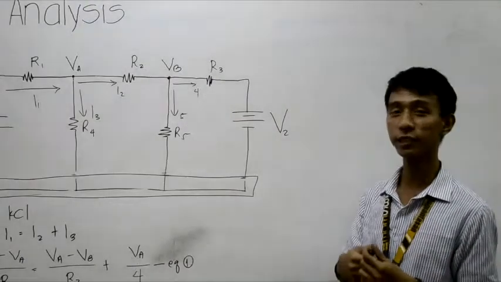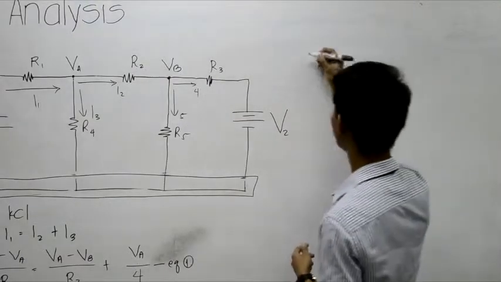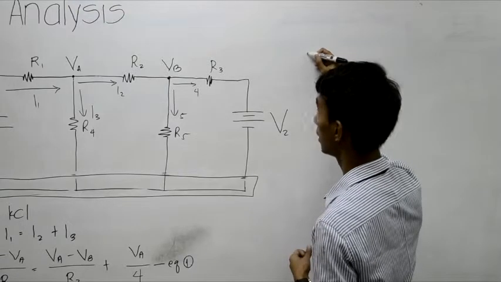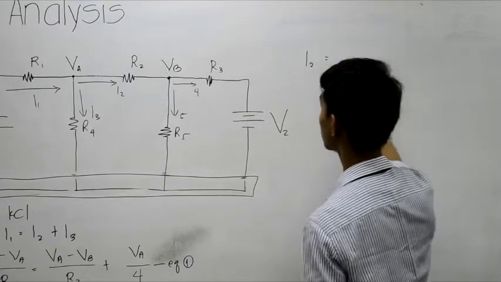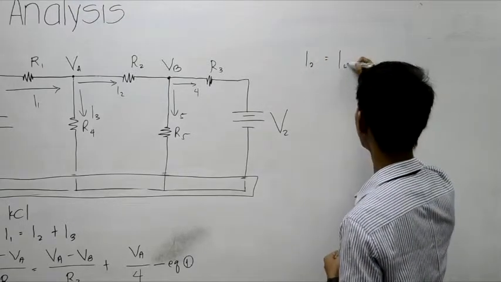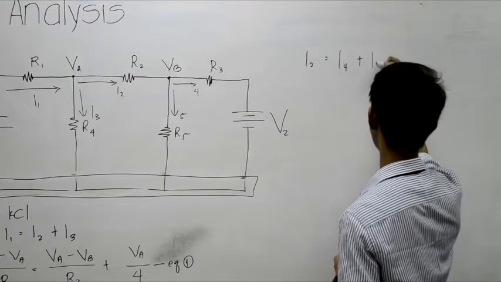So for voltage B, let's write I2 is equal to I4 plus I5.